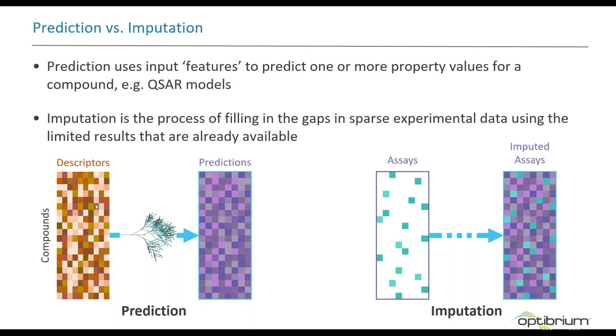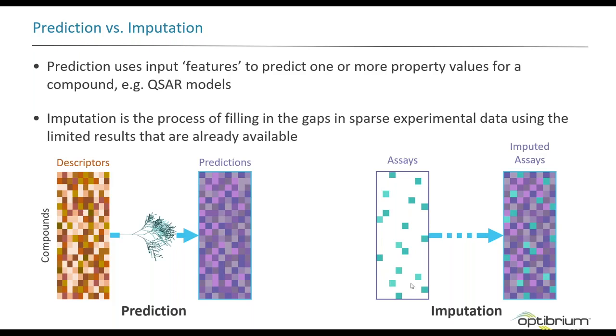It's essential to distinguish that the input descriptors used in the QSAR model have to be a complete matrix where all compounds have 100% of the descriptors calculated, whereas imputation is the process of filling the gaps in sparse experimental data.